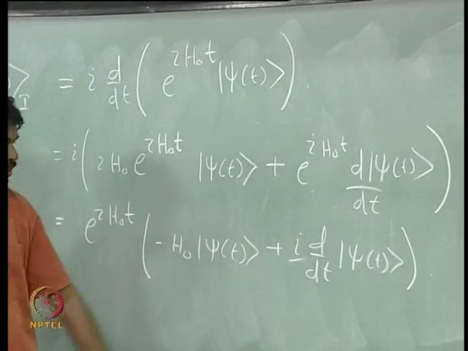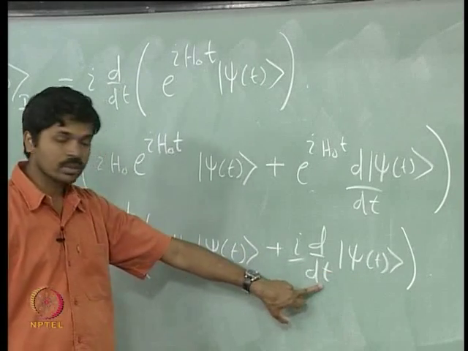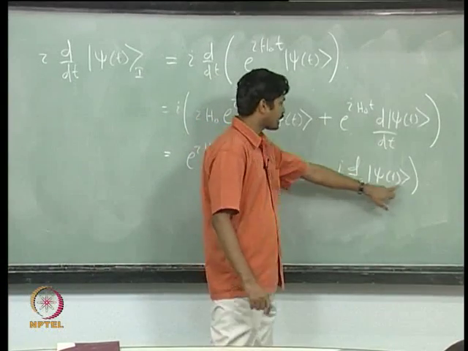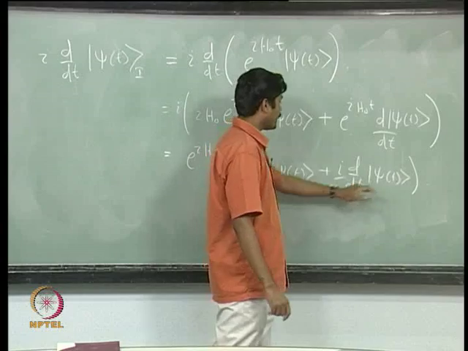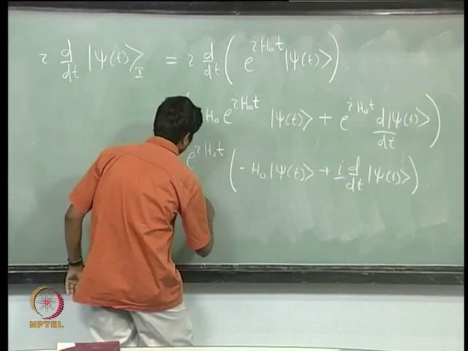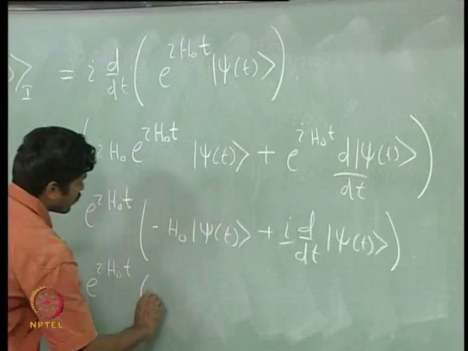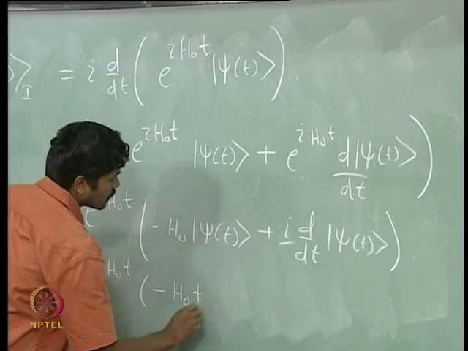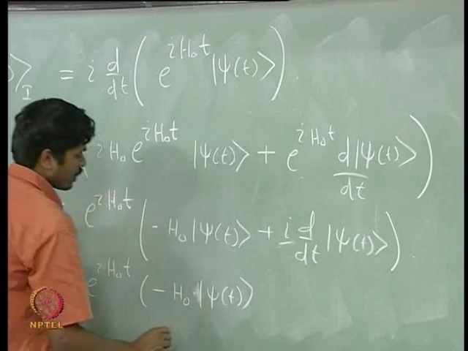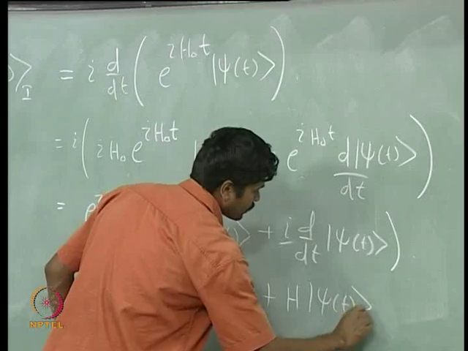Now, again I can use the fact that psi t obeys the Schrodinger equation of motion in the Schrodinger picture. So, i d over dt acting on psi gives me H psi, where H is the full Hamiltonian. So, this is e to the power i H0 t times minus H0 acting on psi t plus the full Hamiltonian H acting on psi t.